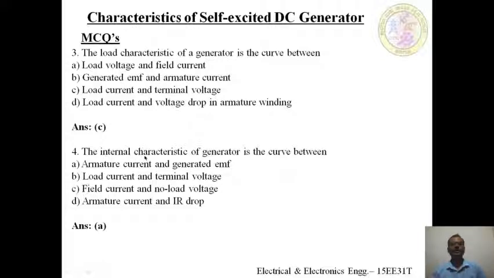Fourth one. The internal characteristic of a generator is the curve between, we discussed already, E versus Ia, where Ia is armature current and E is generated EMF. The answer is A.